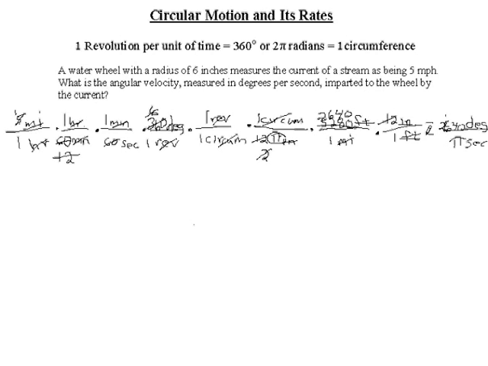So at this point we have 2,640 degrees in pi seconds, but we don't want pi seconds.